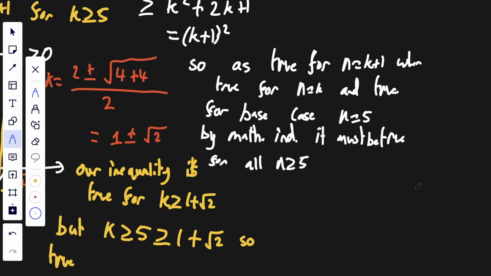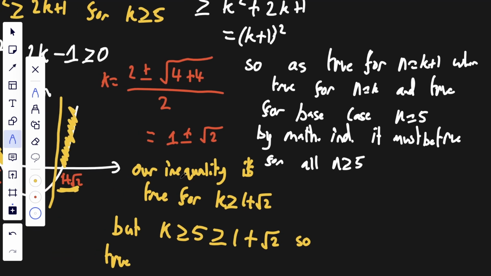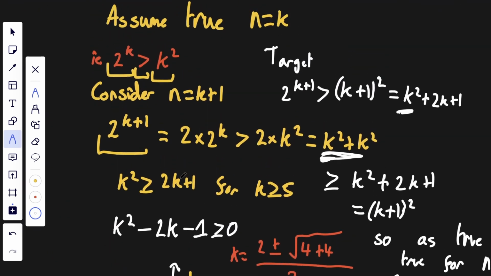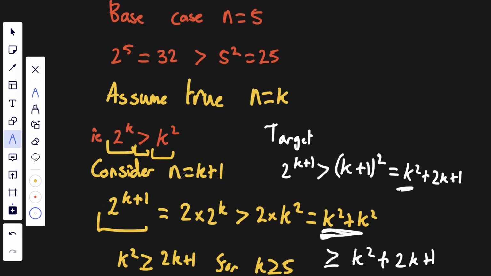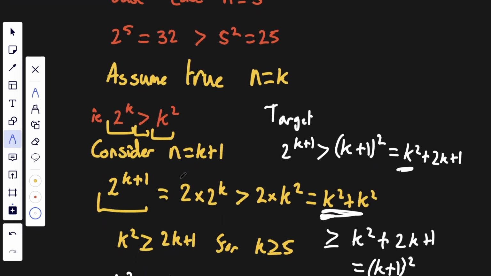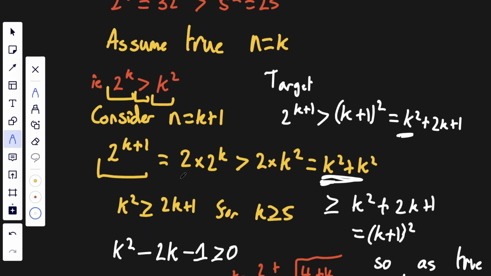But yeah, I hope this has been helpful. Remember, our goal with proof by induction for inequalities is that we do everything as normal, base case, assumption. We consider one side, we try to involve the assumption, and then we try to make what we have look as close to our target as possible. Everything that's not like our target will then come into forming a new inequality.